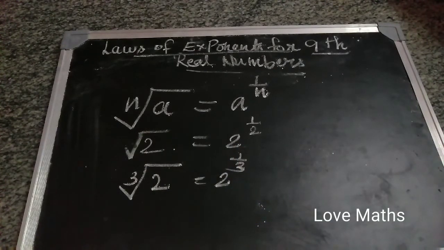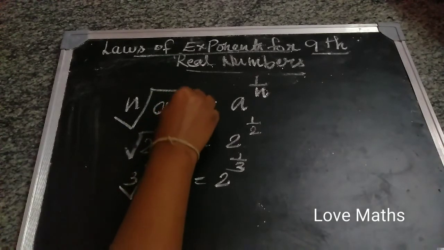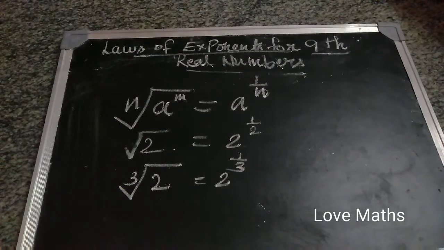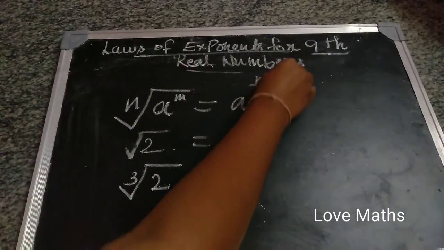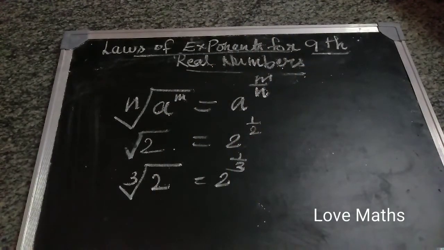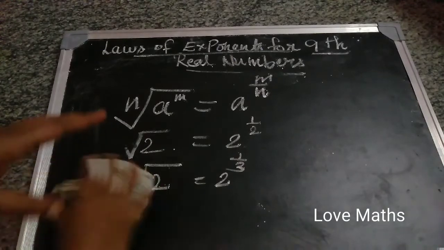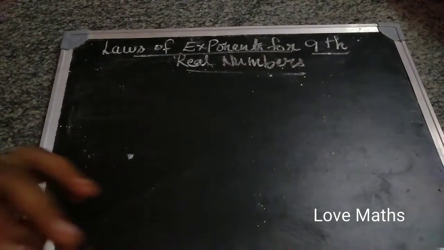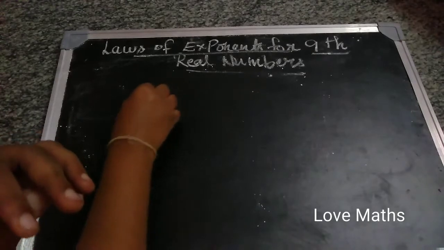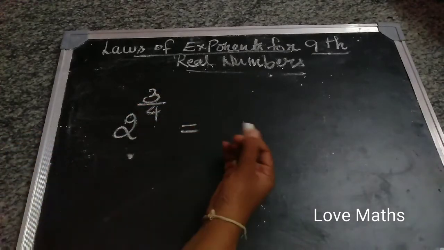Another thing is also there. A power m by n: how to write it? It is a power m by n. For example, 2 power 3 by 4. How to write this?